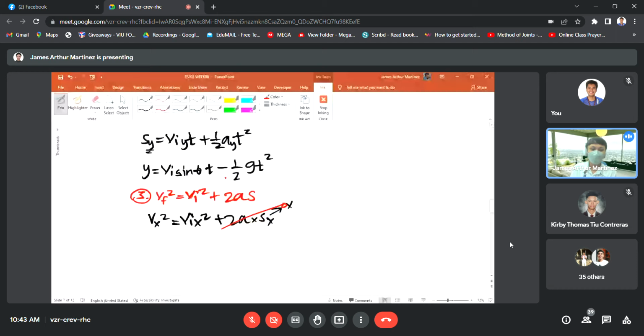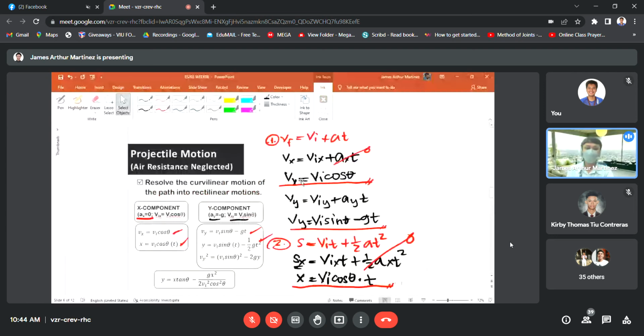Therefore, the resulting equation would be Vx squared is equal to Vix squared, and square root both sides, mag-cancel. Therefore, Vx is Vi cosine theta kay Vix man. So, familiar, no? So, notice nga same lang siya sa atong na-derive na first equation, which is Vx is equal to Vi cosine theta. Okay?